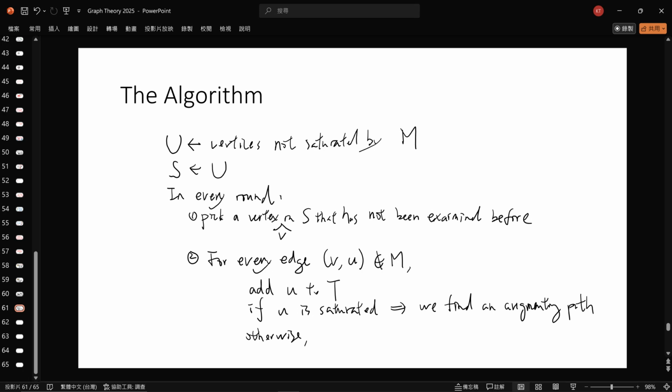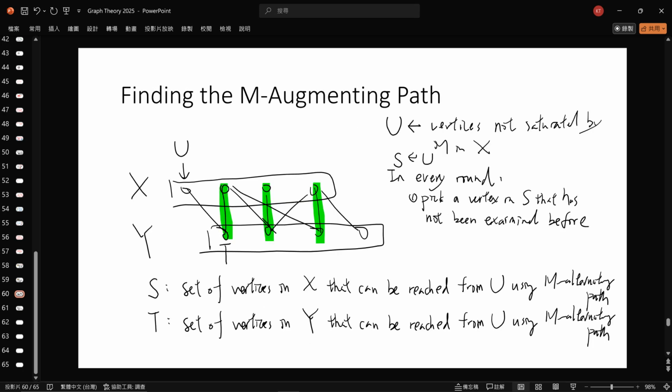The first case is when U is not saturated, or unsaturated. If U is not saturated, then there's an M augmenting path.